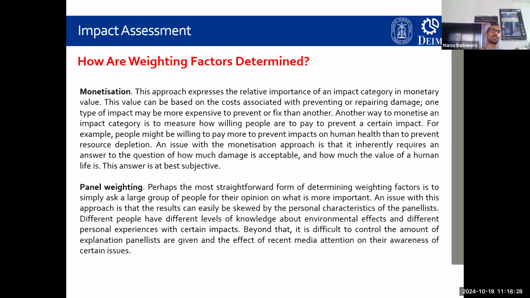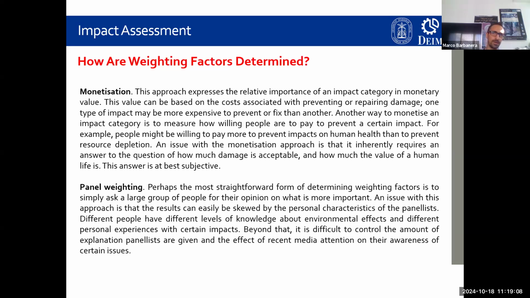But also in the SimaPro software, we can find some methods that apply this kind of criteria. This kind of approach could be used, for example, if we want to carry out not simply a life cycle assessment of our product, but also a life cycle costing of the product.